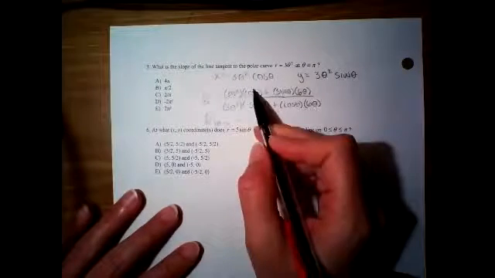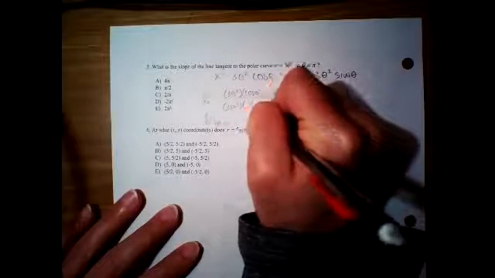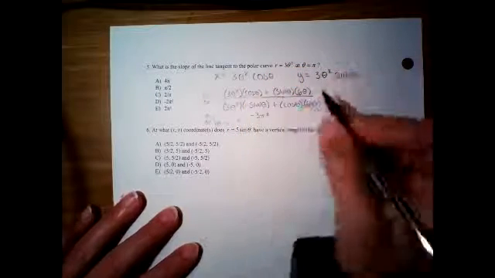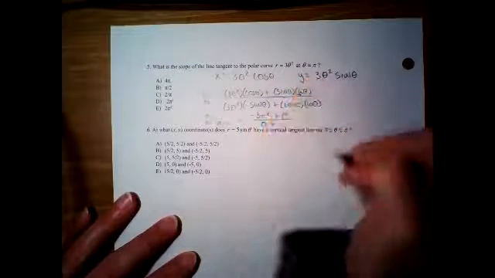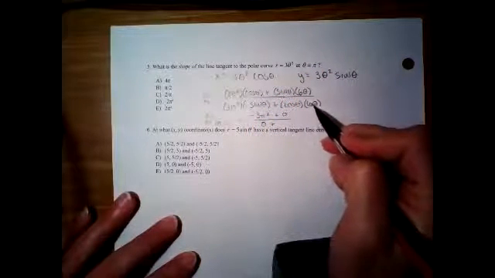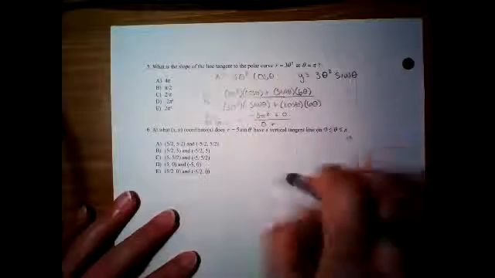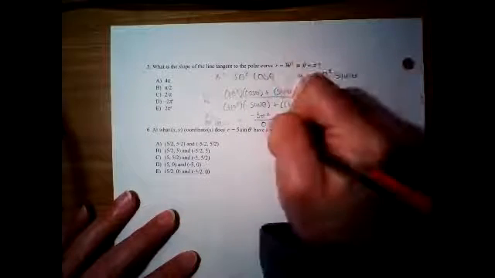Cosine of pi is -1, so that'll be -3 pi squared. And then sine of pi is 0, so that whole part is going to be gone. Same thing here, sine of pi is 0, so this is gone. This would be 6 pi, and cosine of pi is -1, so this will actually be -6 pi.